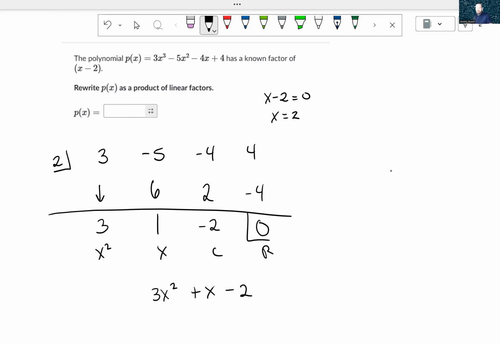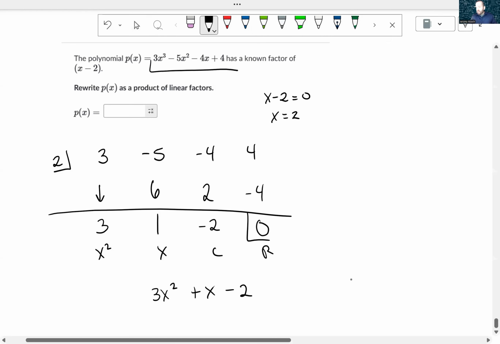Okay. So it says, write it as a product of linear factors. I believe it's asking us for this for our answer, but it might be asking us to divide it one more time. Okay, yes. So this is part 1. So we've divided this part out. But now we want to use the AC method and continue to factor this.